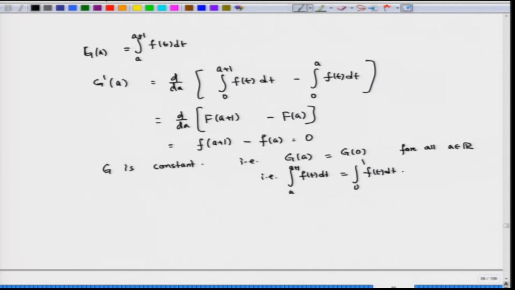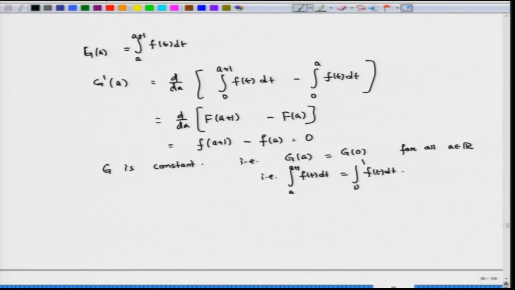So this is a nice application: if you have copies, it does not matter where, you just need to consider an interval of length 1 to find the area, and that is going to give you the same area as from 0 to 1.